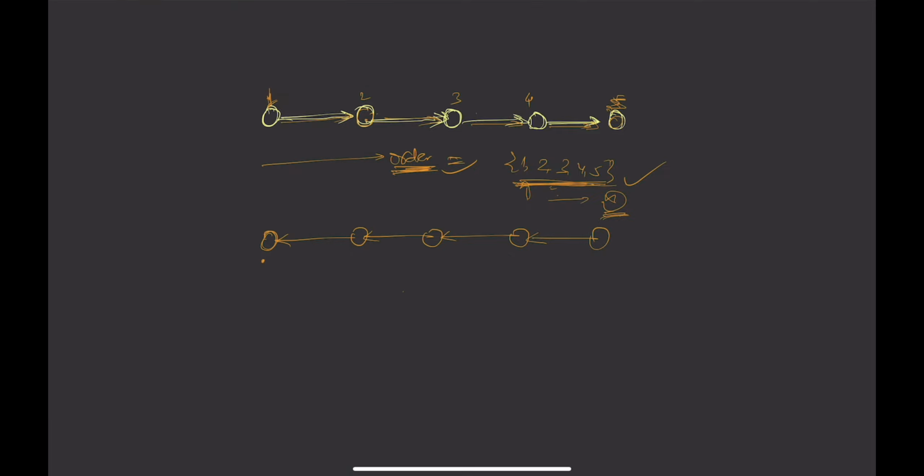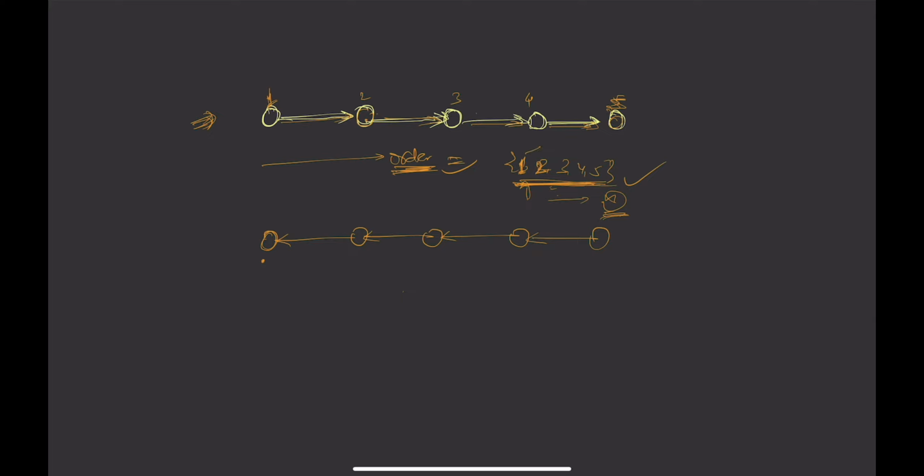So if this was the original graph, then I was printing. So I'm doing the DFS, so I got the order in this format, right? So U will be 1, V will be 2.